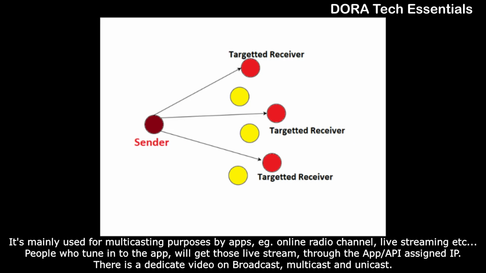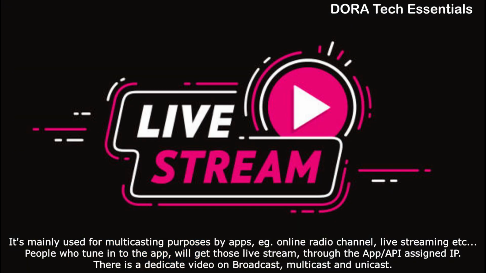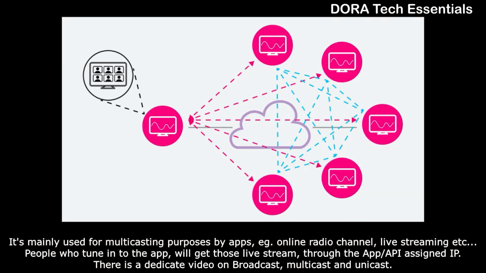It's mainly used for multicasting purposes by apps, e.g. online radio channel, live streaming, etc. People who tune into the app will get those live streams through the app/API assigned IP.